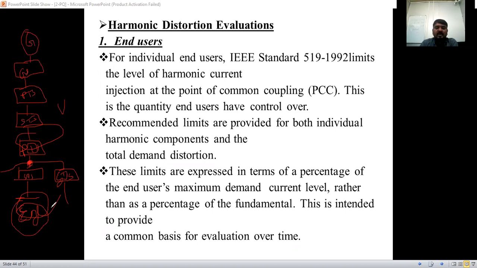One is the end user, another one is the utility side.